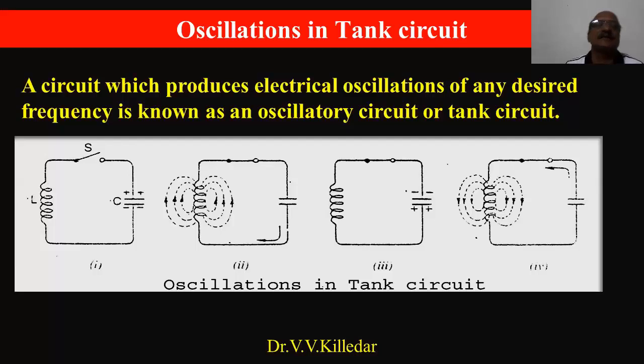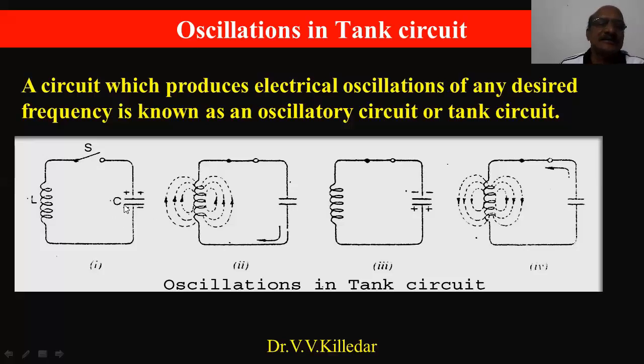Now let us see how the oscillations are produced using a tank circuit. What is a tank circuit? A tank circuit is nothing but a parallel combination of a coil and a capacitor. And what is the use of this tank circuit? A tank circuit produces electrical oscillations of any desired frequency, known as an oscillatory circuit or a tank circuit. So let us see the working of the tank circuit.